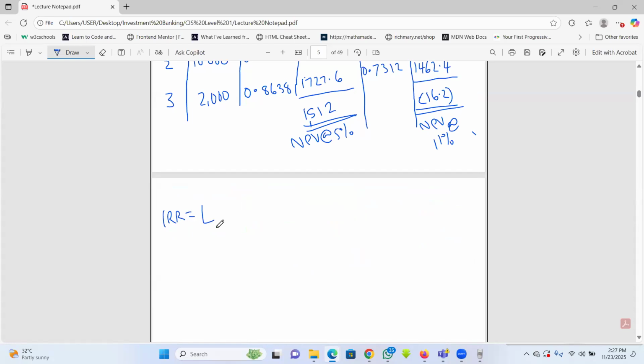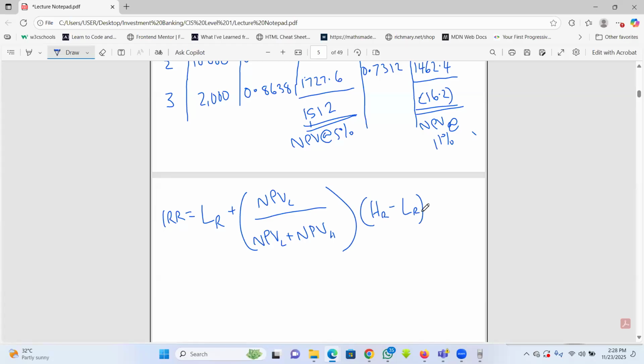You go the lower rate plus the NPV you get at the lower rate, divided by the sum of both the NPV at lower rate and NPV at higher rate. Then open another bracket, then you go higher rate minus the lower rate.